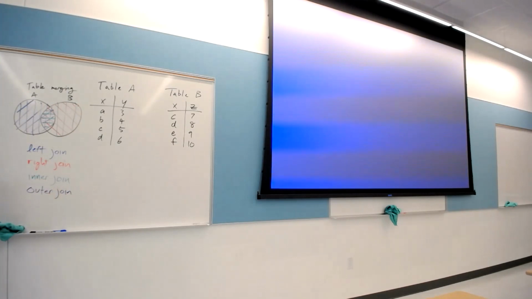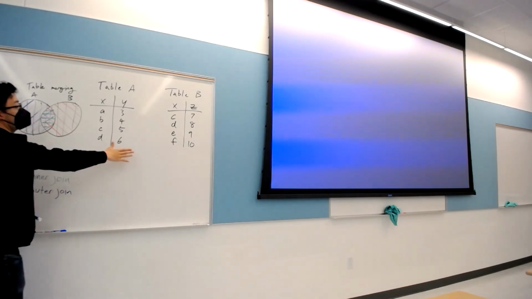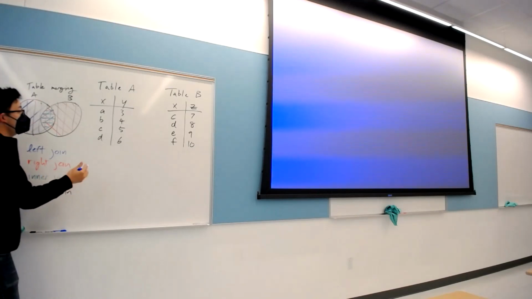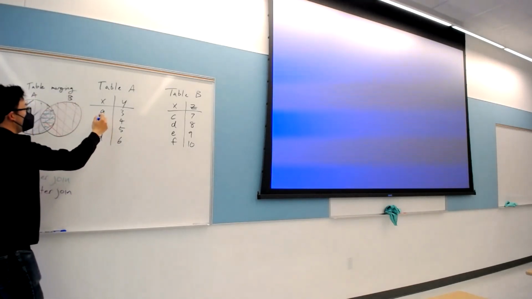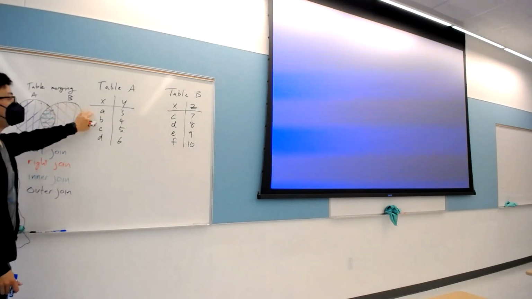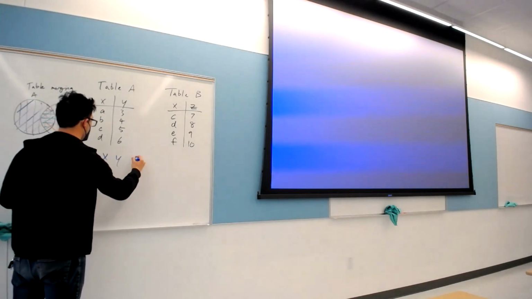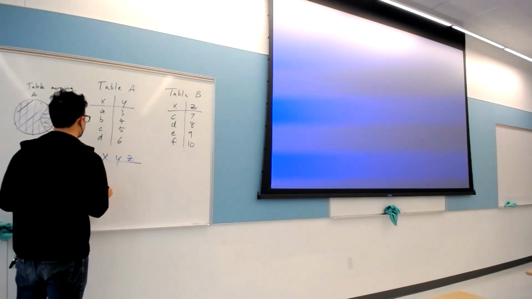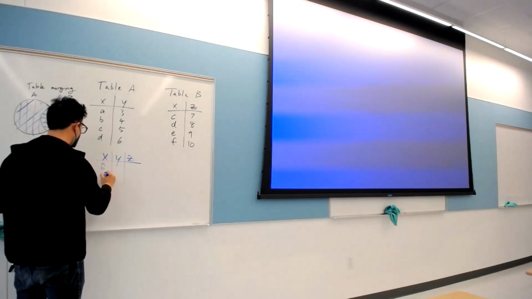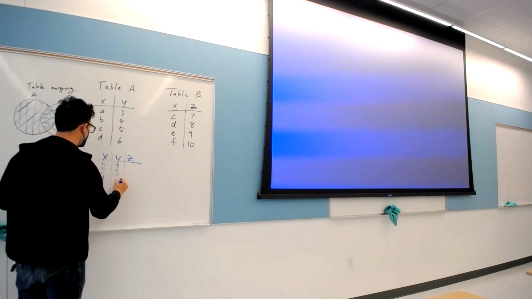Okay, so what does this look like if we were to perform each of these procedures on these tables? Okay, so for the left join, that means I want to keep everything from table A. So I'm just going to go ahead and draw that here, X, Y, Z, and A, B, C, D, 3, 4, 5, 6.